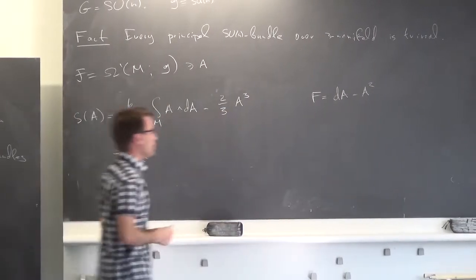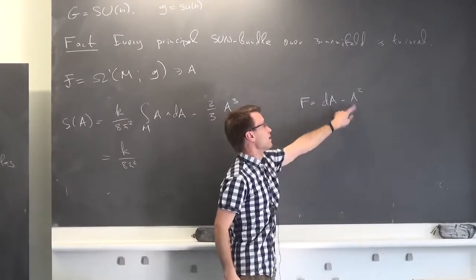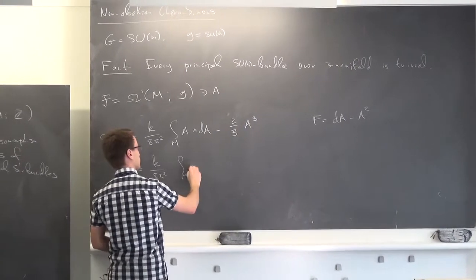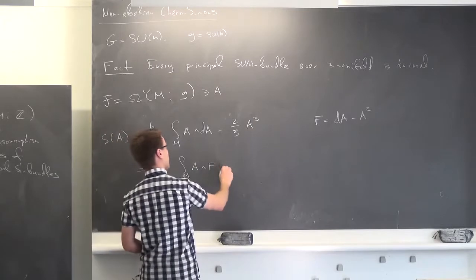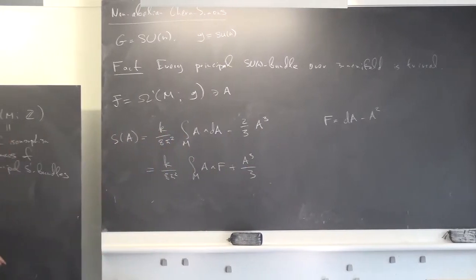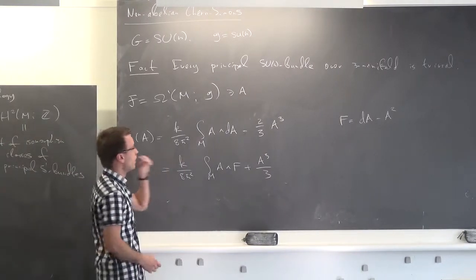The curvature is dA minus A squared. So dA is F plus A squared. So this is going to be A wedge the curvature plus 1/3 of A cubed. So it's one convenient way of rewriting this formula.